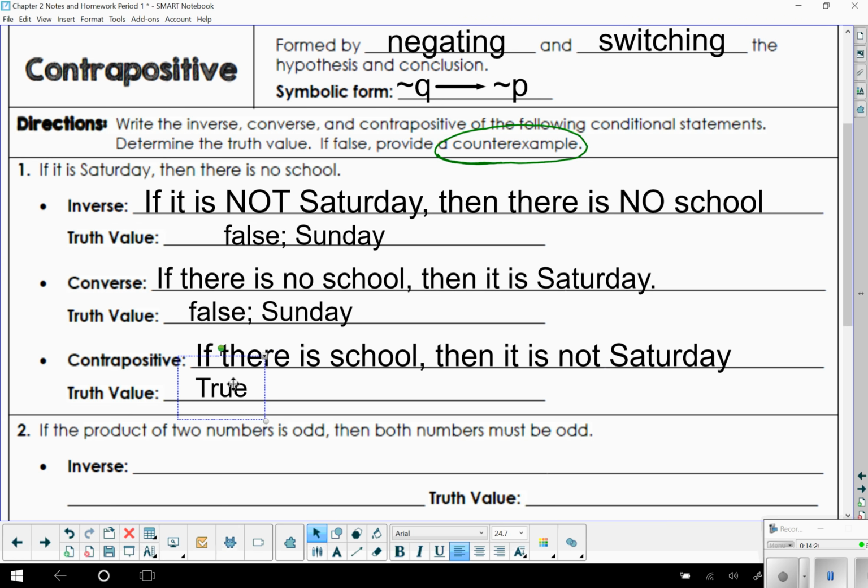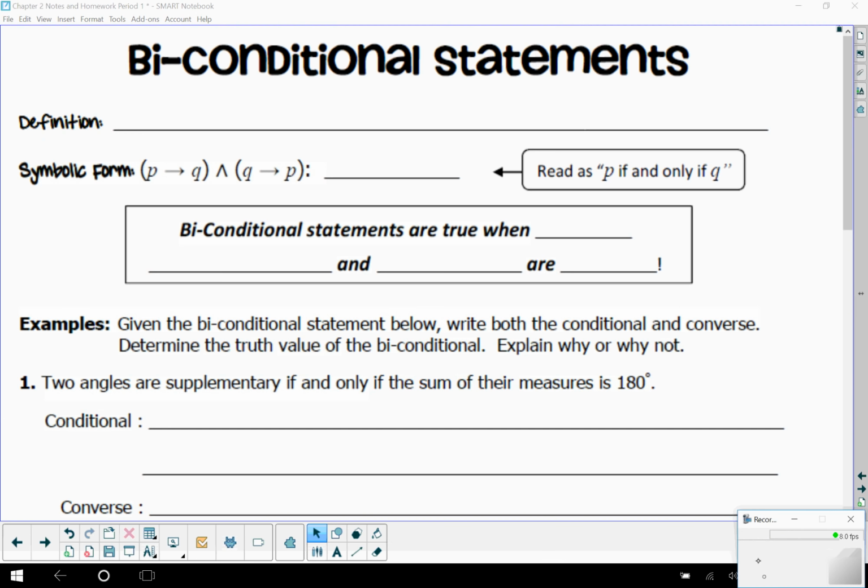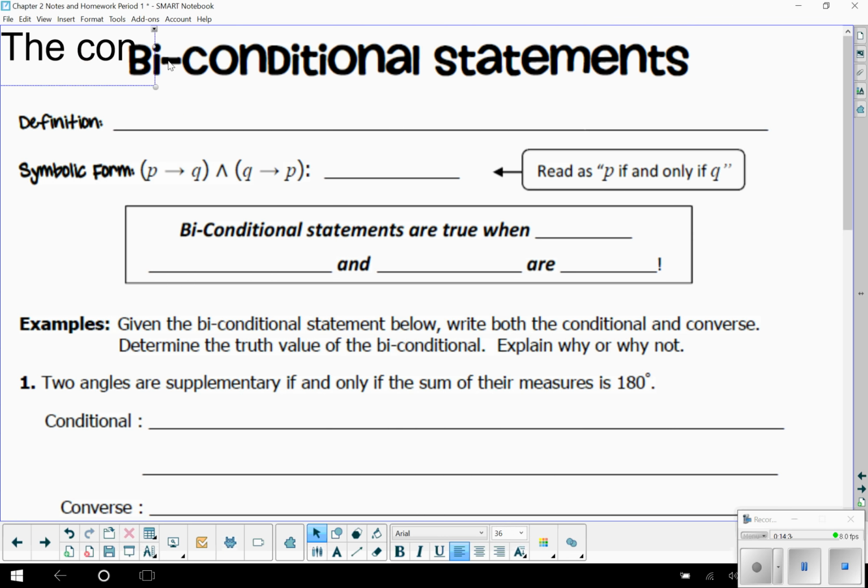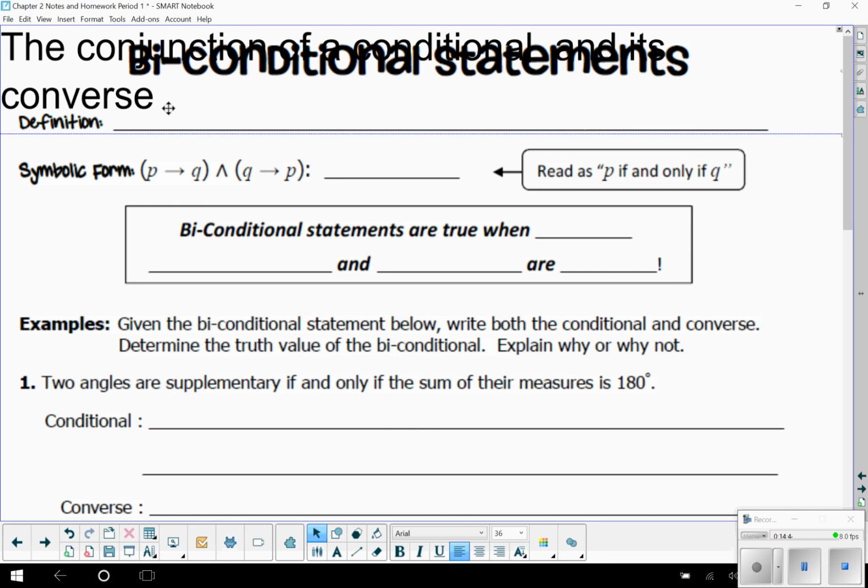All right. I'm going to go to the next page. I know you didn't see it, but I had a malfunction of my computer. The definition of a biconditional: the conjunction of a conditional and its converse.